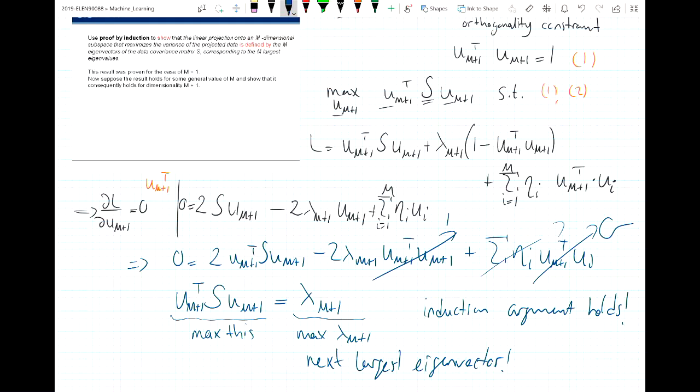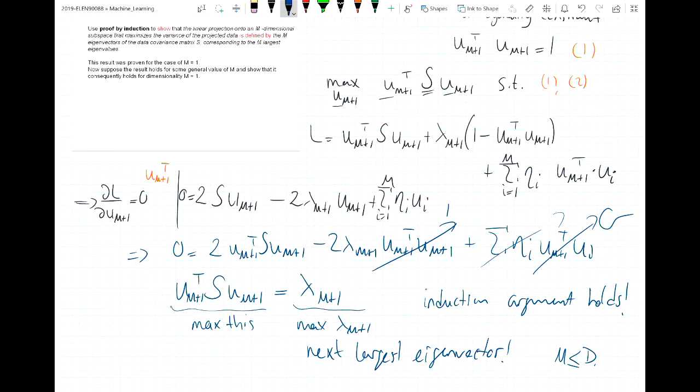You can go until, of course, m is less than or equal to d. If it's equal to d, then it's an identity mapping. There's nothing that you're projecting.